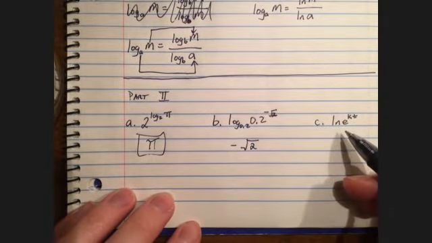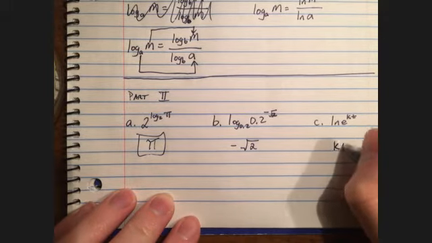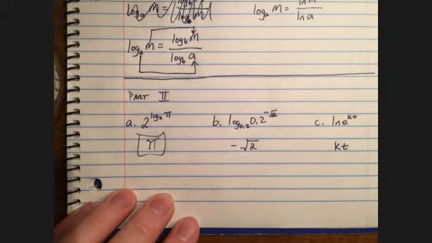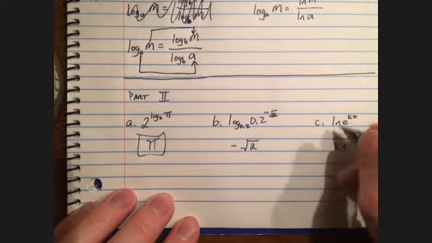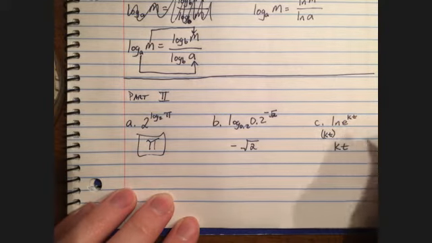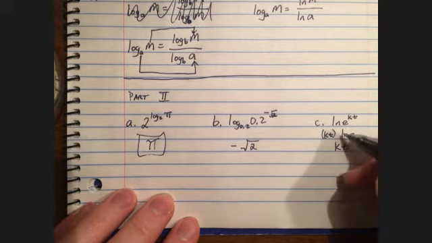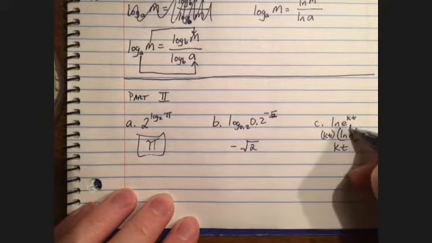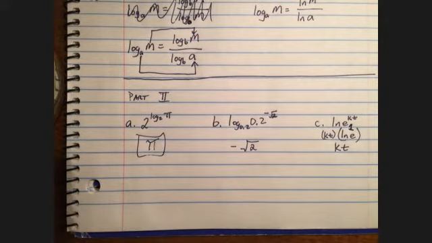And then if you had ln of e to the kt, it's just going to be equal to kt. And I'll go ahead and write this one another way: we could take this kt and move it to the front. Then you have ln of e. Well, ln of e is equal to 1, right? So that's why it's just kt times 1. That's another way of thinking about it.